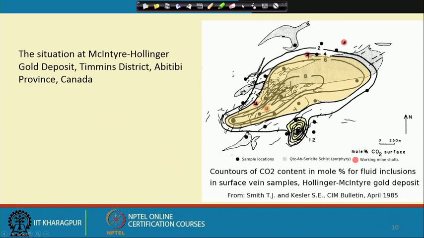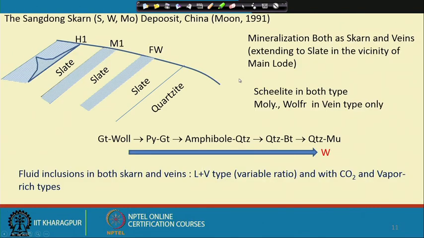These numbers shown here are the locations of the mineralized bodies in this ore district. So, this is another good example of how the fluid inclusion characteristic would correlate with the rich mineralized zone.